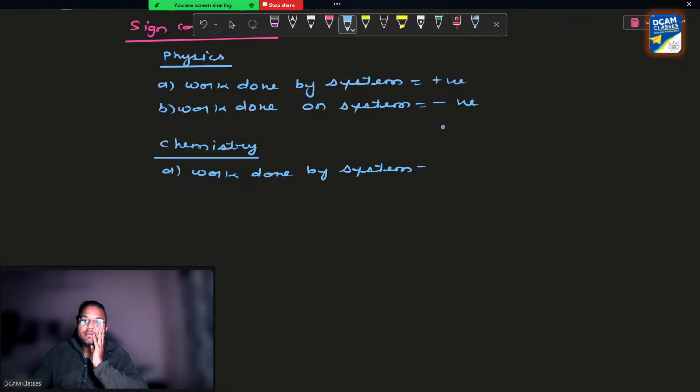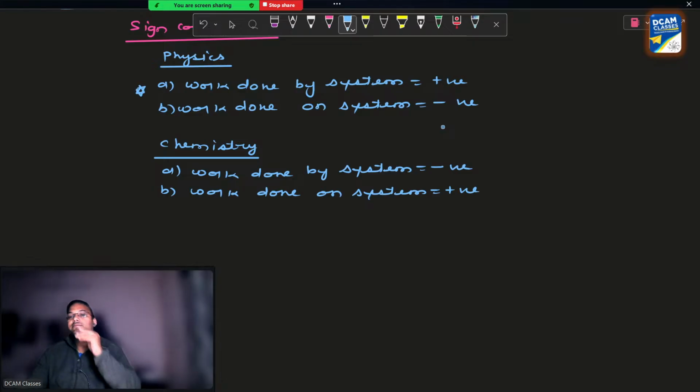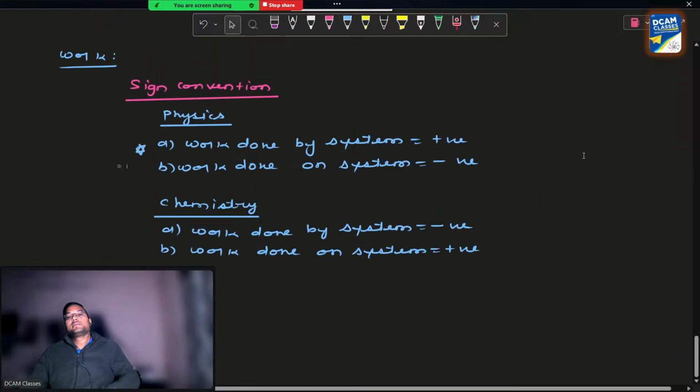In chemistry, work done by system is negative, and on system is positive. So you have to be careful. Here in physics, you'll be using this one only. You have to be very careful in the examination.